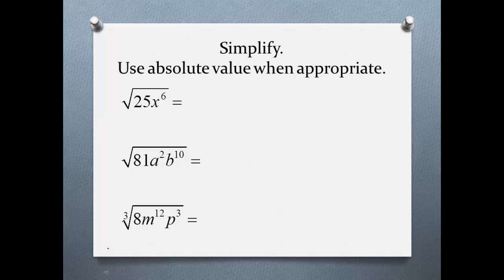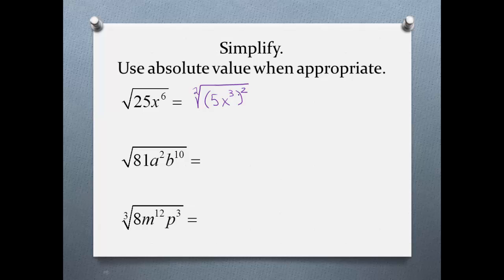Okay, one more set of examples here. So we're going to be careful about when we need to use absolute values and when we don't. So this one, the square root of 25x to the 6th. If I rewrite that as something squared, and I'm trying to do that because I have an invisible index of 2 here, 25 is 5 squared, and x to the 6th is x cubed squared.